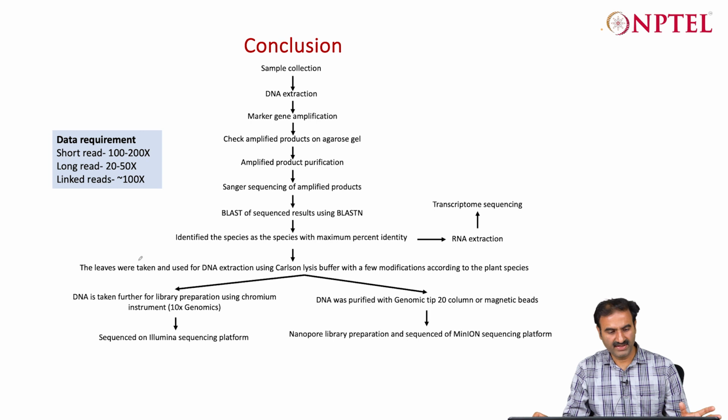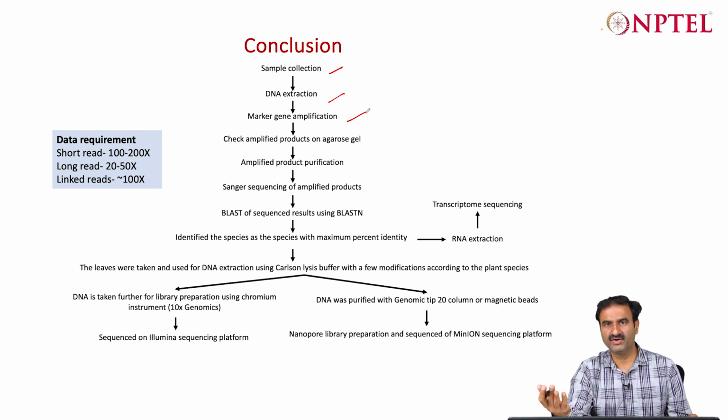Just to conclude, you will first take the sample, extract the DNA, and identify the marker gene to confirm that the species you are dealing with is correct. Otherwise you end up losing everything that you have invested, because you might have ended up working on a species that was not correct, and the reviewers and publications also ask for this.